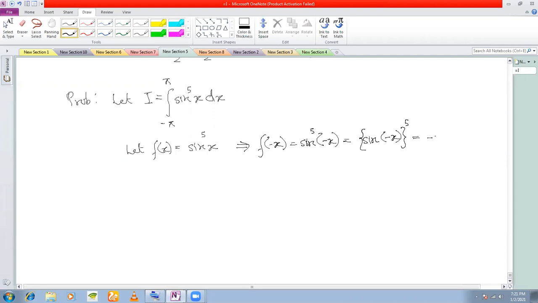Sine of minus x is minus sine x to the power of 5. And you know that this minus sign, when raised to an odd power, remains. So minus sine to the power of 5 x. We are getting back sine to the power of 5x, but with a negative sign. This means this is minus of fx. Therefore, fx is an odd function.